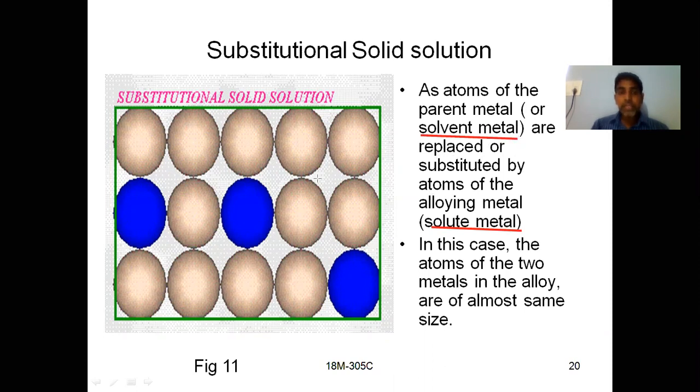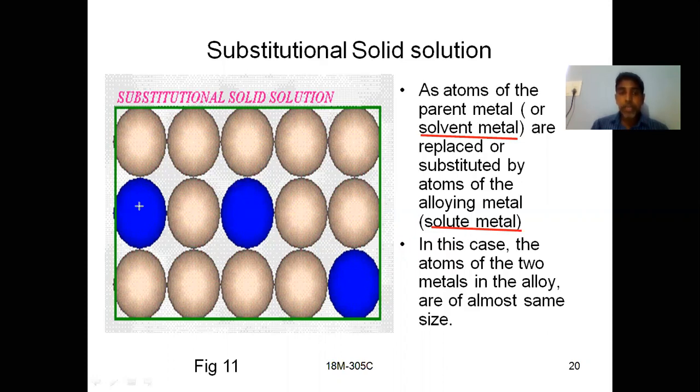If you see the white and the blue, the white atoms are your solvent metal atoms and these blue are your alloying metal atoms. What is happening? Here a solvent metal atom is replaced with an alloy metal atom.